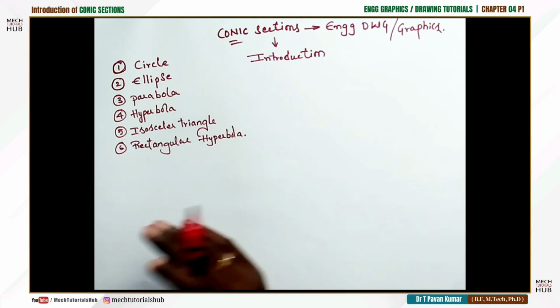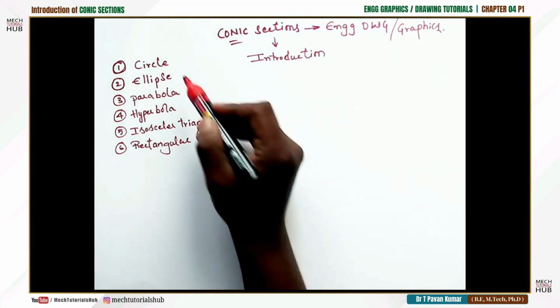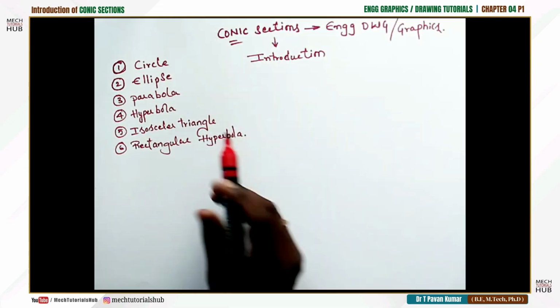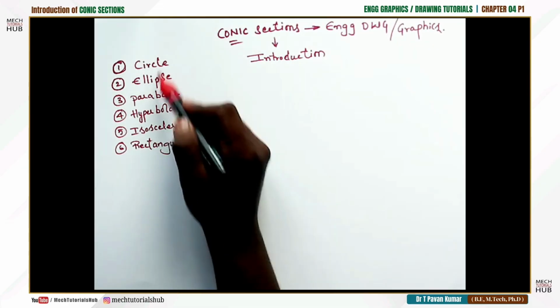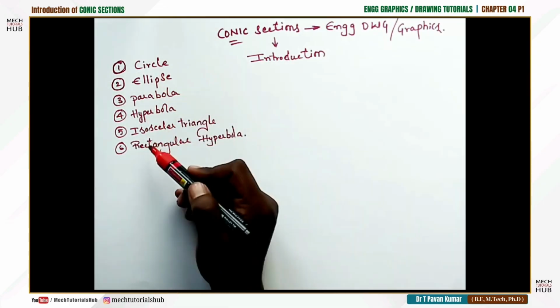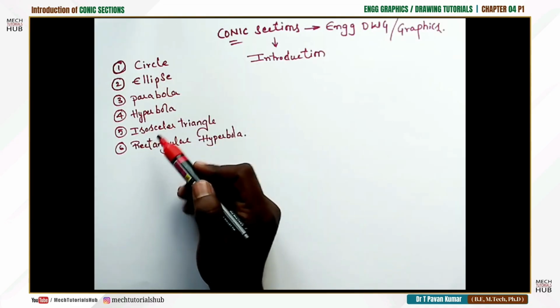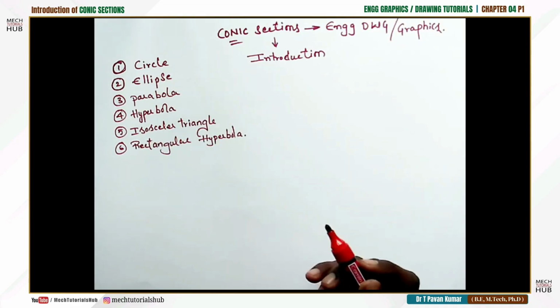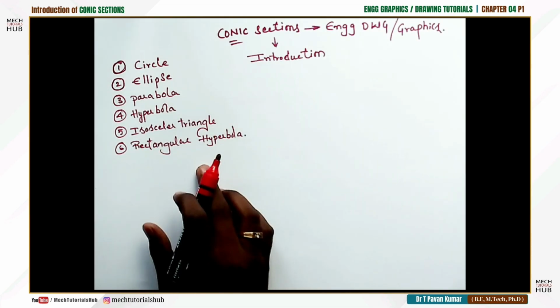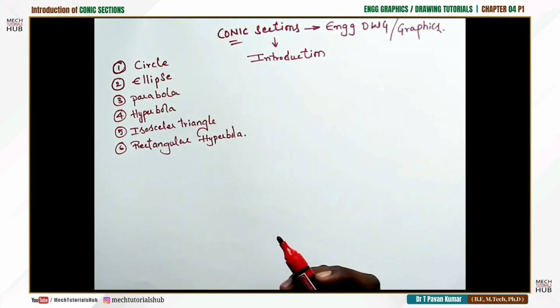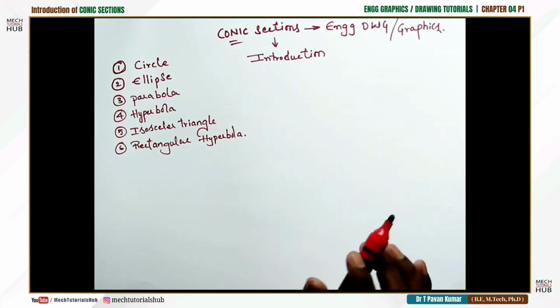If you make cut sections to that particular cone, we arrive at these solutions. In this introduction part, we'll see how to obtain each one of them by taking a right regular cone as an example. That is our introduction part today.